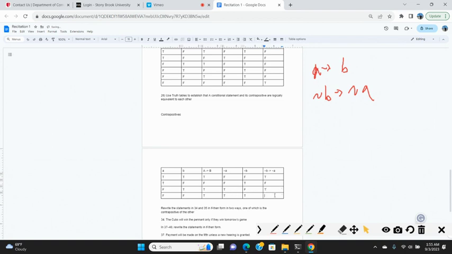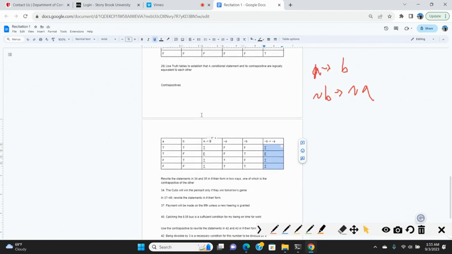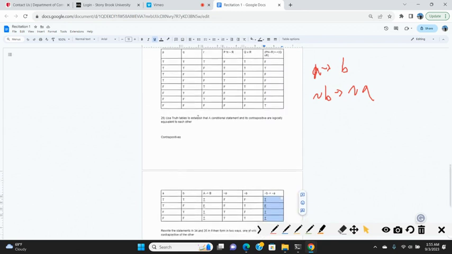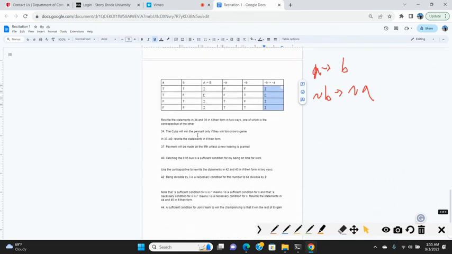False implies true is true. True implies true is true. And so we see that if we consider the columns here, every row is equal, implying that the contrapositive is logically equivalent. They are just logically equivalent.